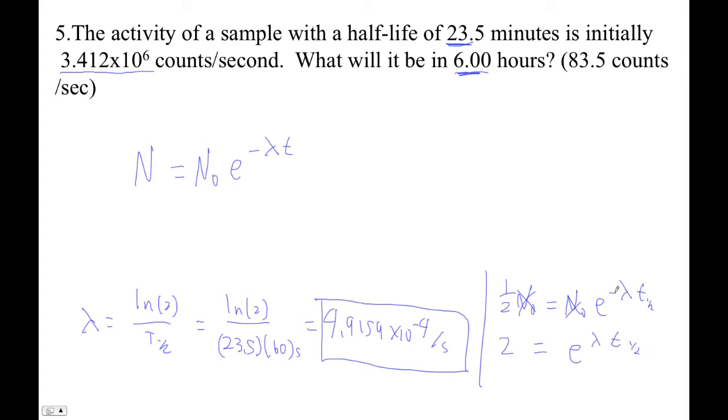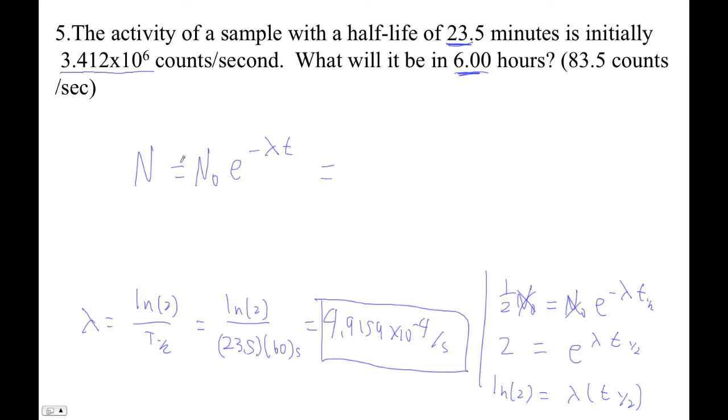The minus sign went away when I made this 2 instead of 1/2. And then obviously I can ln both sides, ln2 is equal to lambda times t half, and now you're all set. You can just toss the numbers in there. If you ever need to make that formula, this is the thing you do. You just make it half the original amount. All right, so now we're set.